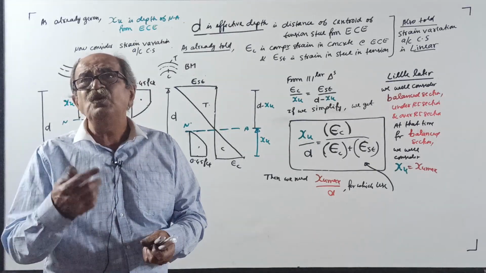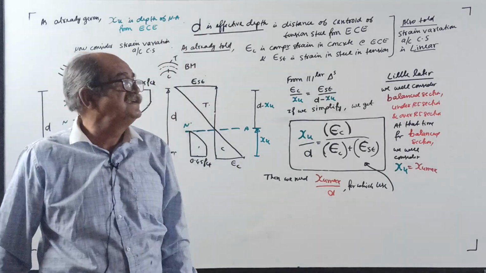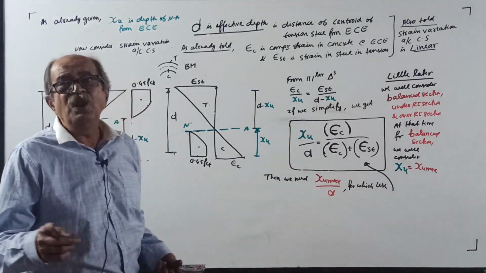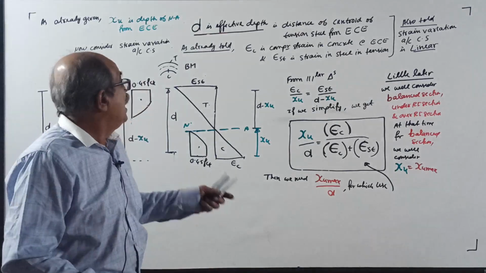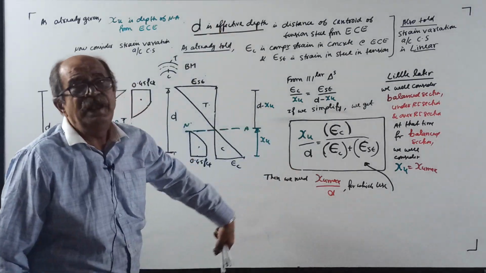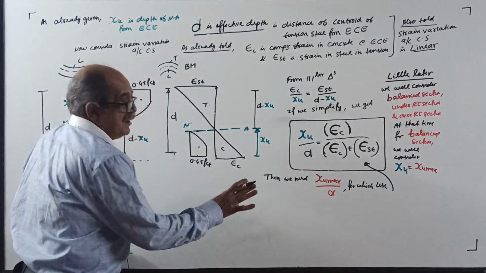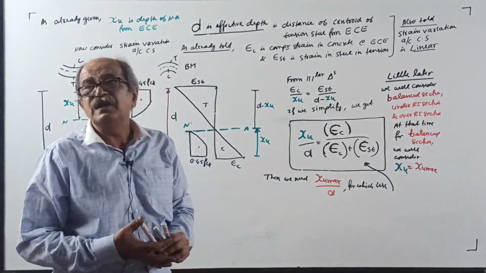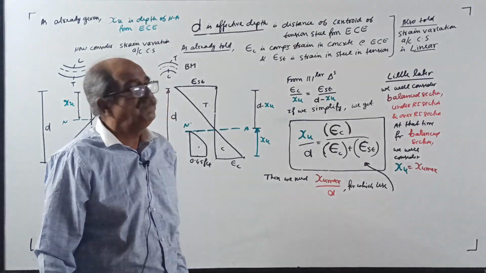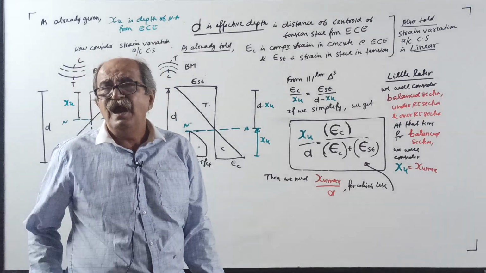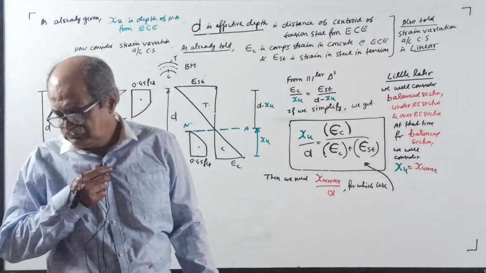Then I will change over to singly reinforced rectangular section, doubly reinforced rectangular section and T section. So these all you have to go through. What I am telling now is valid for everything: singly reinforced or doubly reinforced rectangular section and also for T section.